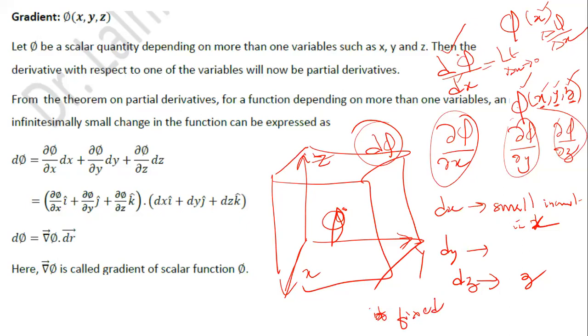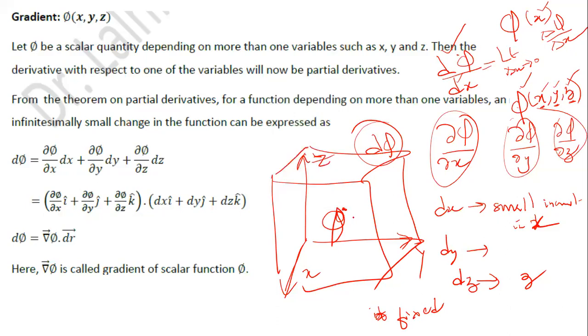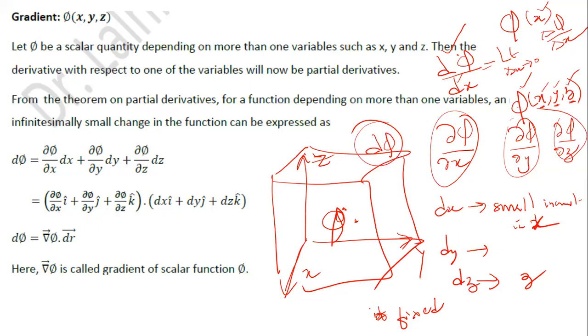In order to change this phi, you need to move a little bit away from this fixed point. Let's say we go to another point here, right? If you move to another point here, what you have to consider is how much is the change in x, how much is the change in y, and how much is the change in z.